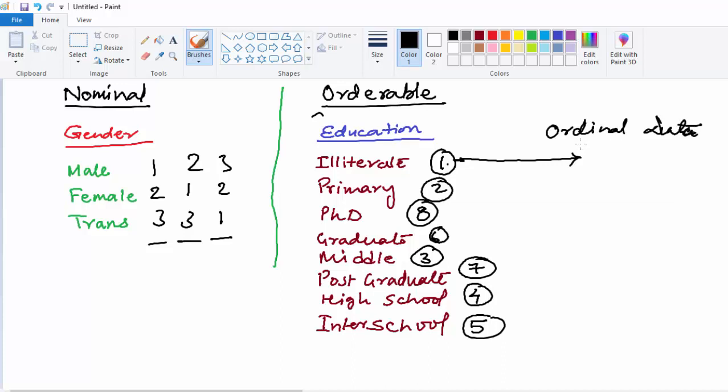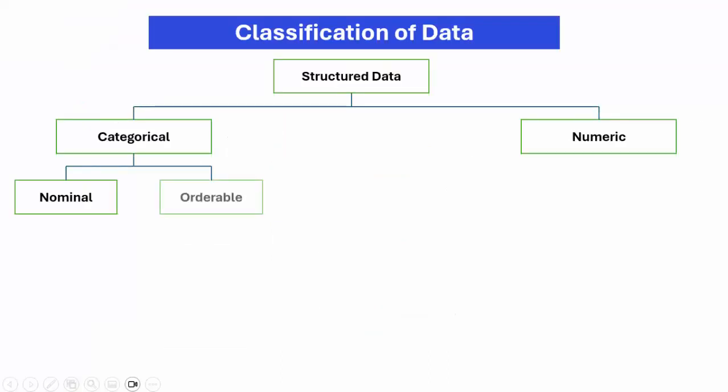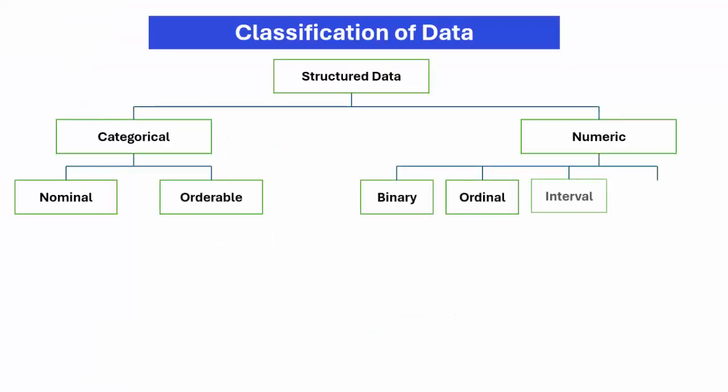Okay, that is called ordinal data. So I again come to my slide and I explain you some other things. Nominal I explained you, orderable I explained you. Now ordinal I have also explained you. When we use the numeric value of orderable data, that is called the ordinal data.